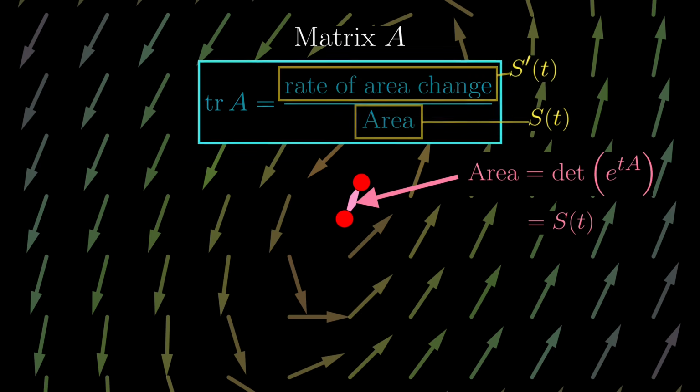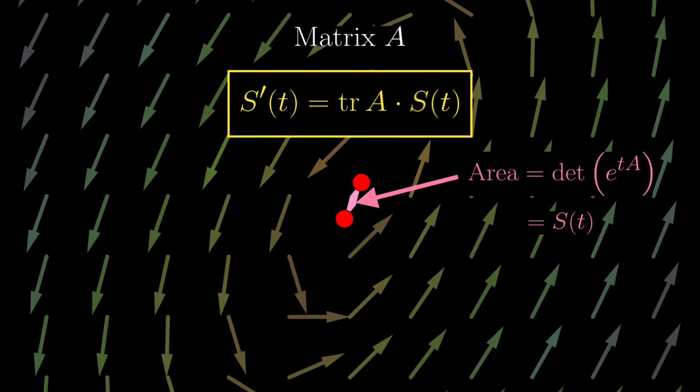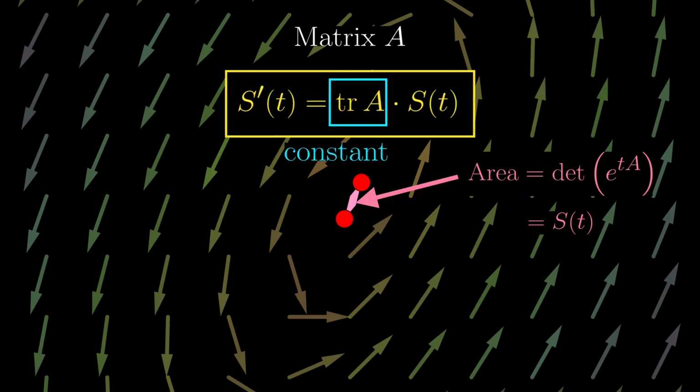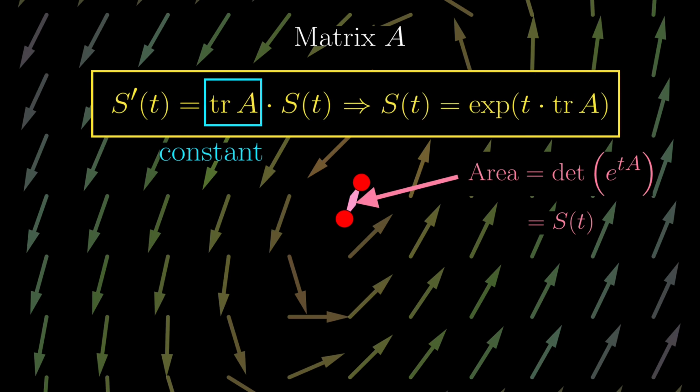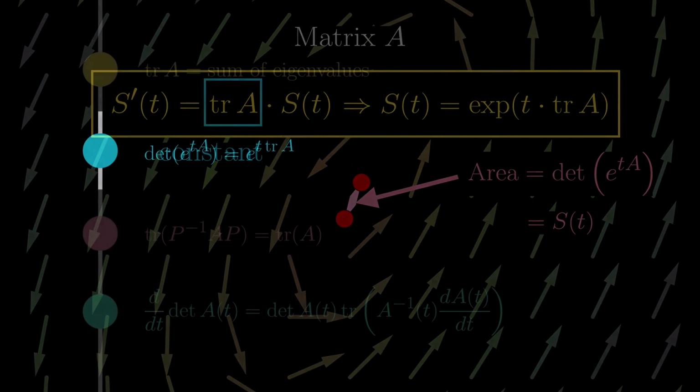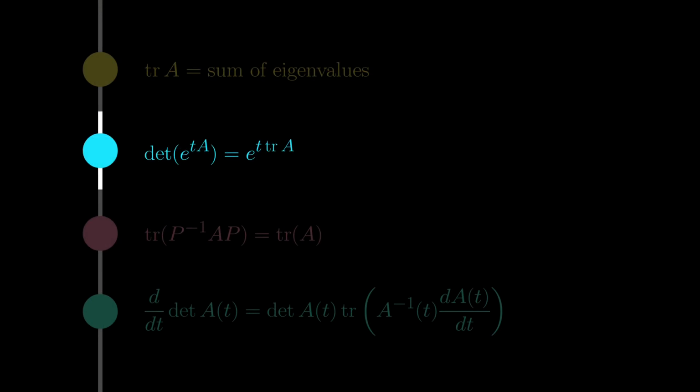By rearranging this formula, we obtain a differential equation in S. Note that the trace of A does not depend on t, it is a constant, so the determinant S of t can be solved as e to the t times the trace of A. This neatly explains why the determinant of the exponential matrix is the exponential of the trace.